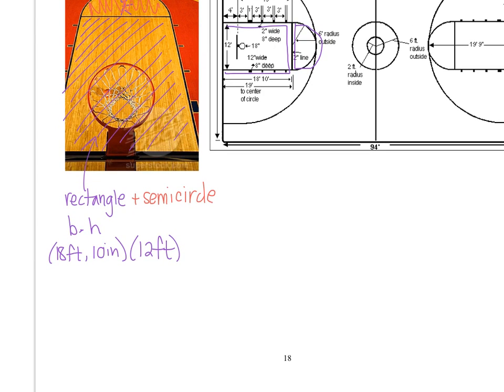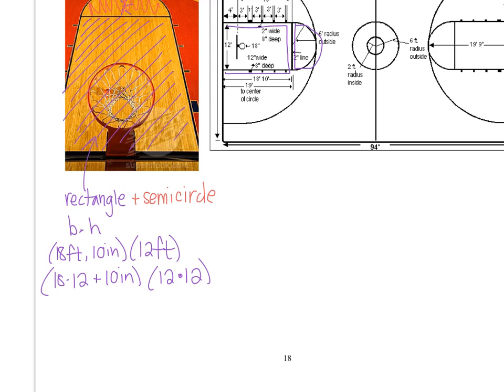So the way I would do that is you take 18 times 12. That's going to give us how many inches 18 feet is, and then we're going to add the 10 inches that's also there, and then we're going to do the same thing for 12 feet. 12 feet times 12 inches would give us how many inches are in 12 feet.